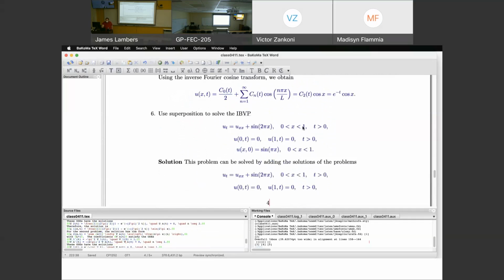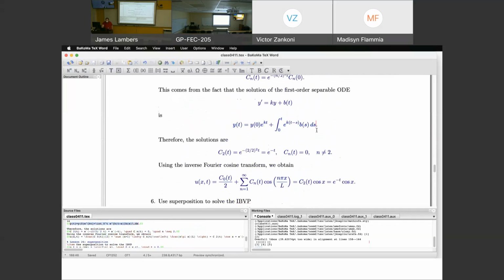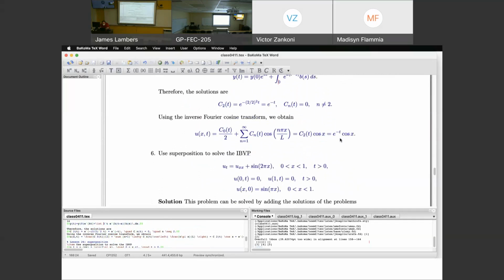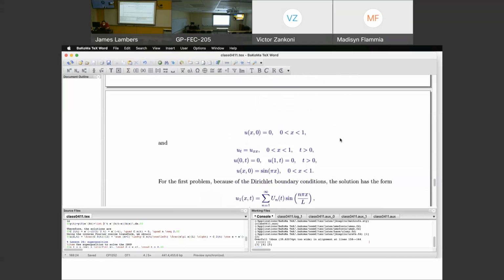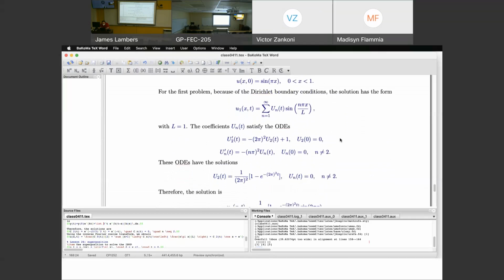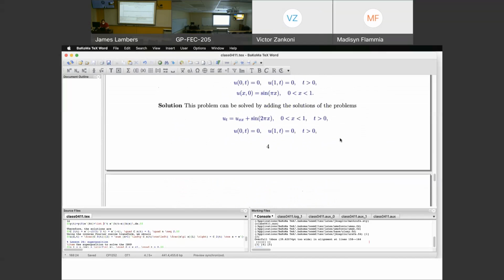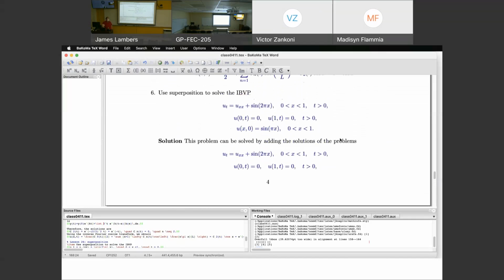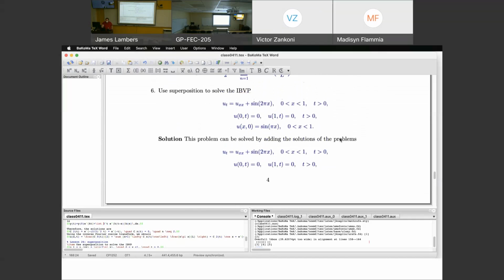Now that I've written this out here, we use different parts of the solution formula in each case. So for this problem 6, from a grading standpoint, I would look at what you do for the 2 problems individually. In other words, a chance to earn partial credit before you put it all together.